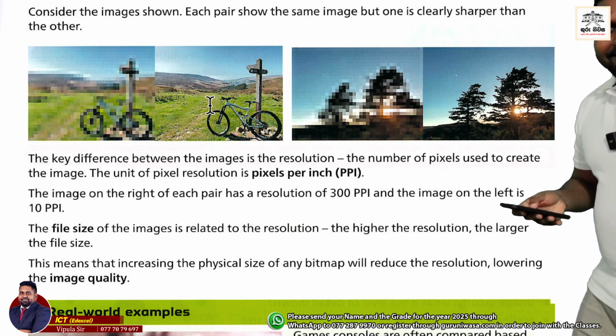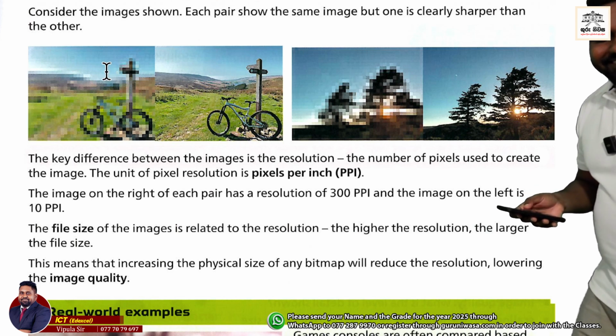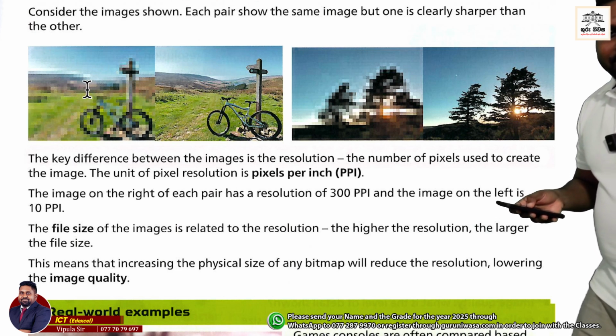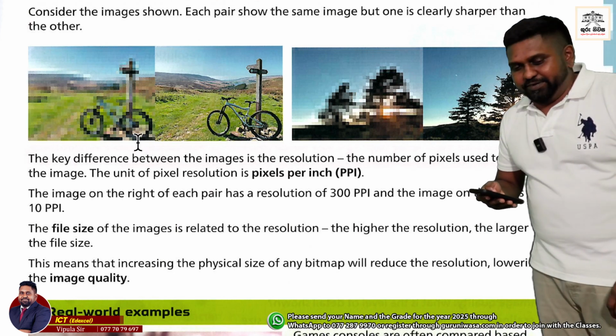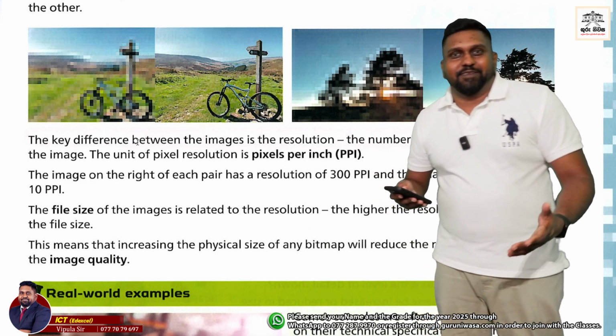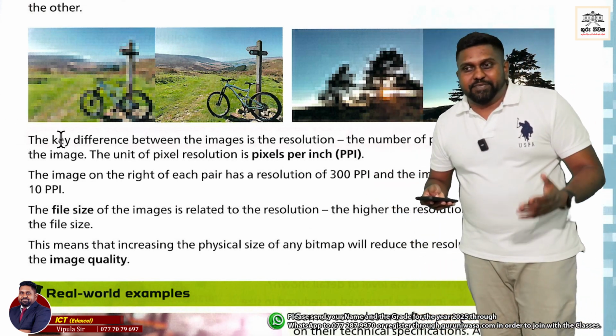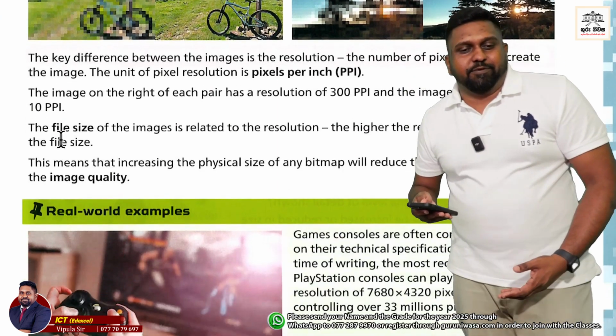These two are completely night and day, because at 10 pixels per inch the image gets completely blurred. But the file size plays a big role. 10 pixels per inch means the file size drastically goes down, so it's going to be smaller.